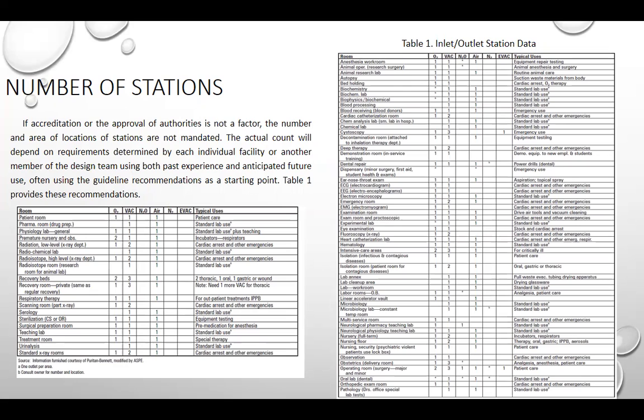So, table 1 provides this recommendation. So, dito yung room, column. So, dito naman yung oxygen, vacuum, nitrous oxide, air, nitrogen, and vacuum. E-vac. Basta, yan. So, sa patient room, for example, isang room, meron kang isa.